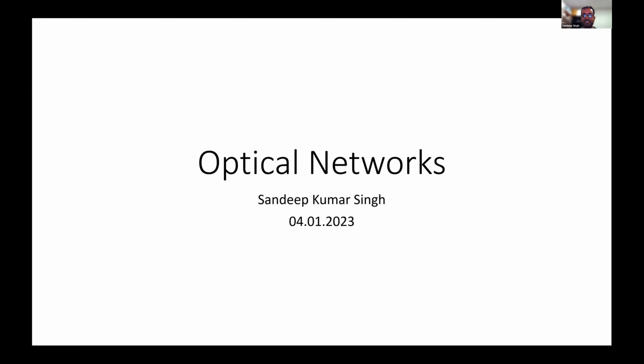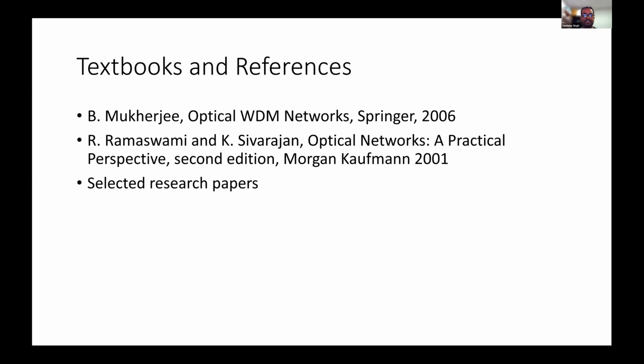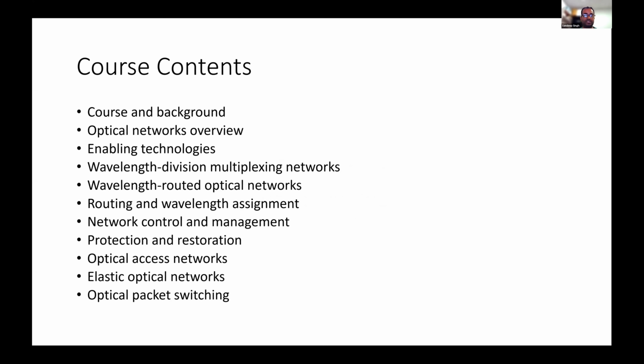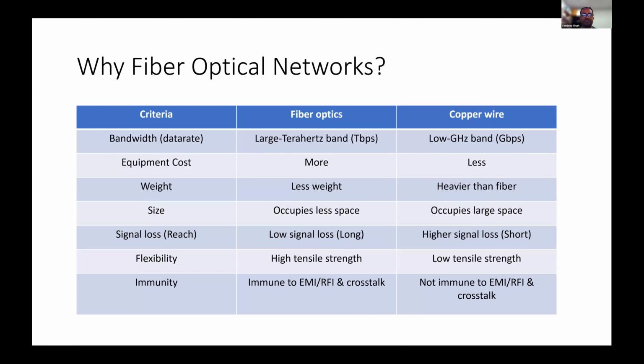My name is Sandeep Kumar Singh, and in the last lecture, we talked about the textbooks that we are going to refer to in this course, and we also discussed the course contents. We saw the benefits of fiber optical networks in terms of high bandwidth, low weight and size, low signal loss.